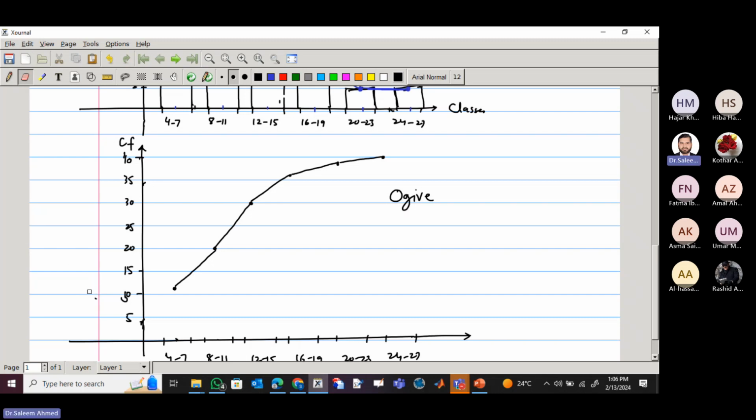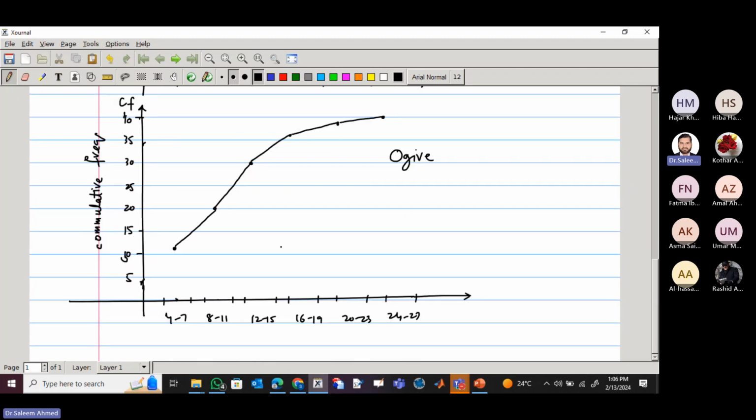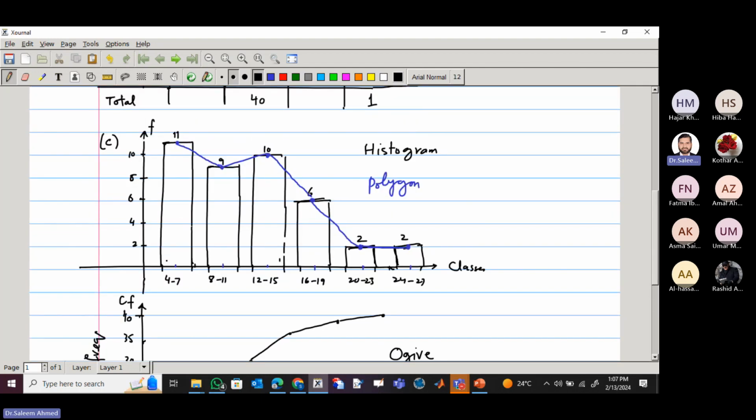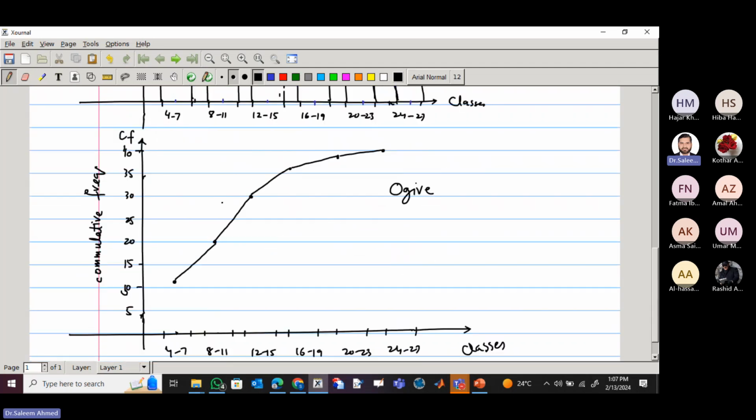We can write here cumulative frequency. If we write cumulative frequency, it is ogive, and of course classes here. This is always classes, right? So here it was frequency. Here it was frequency for both polygon and histogram.